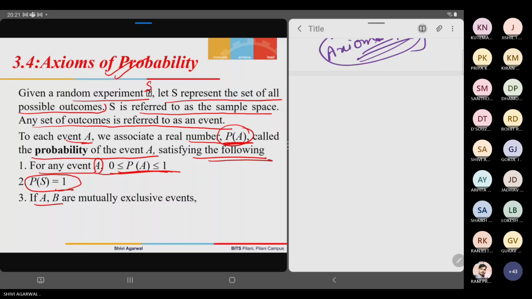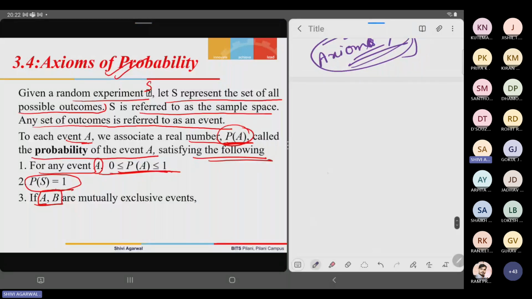And if A and B are mutually exclusive events. Now you know about mutually exclusive events. What are they? Can anyone tell me? What are mutually exclusive events?